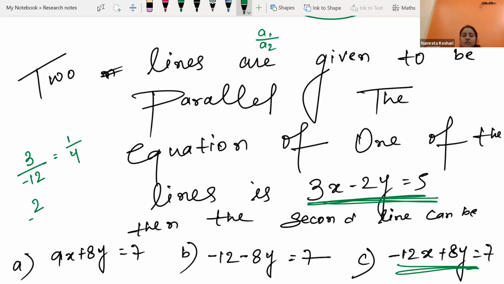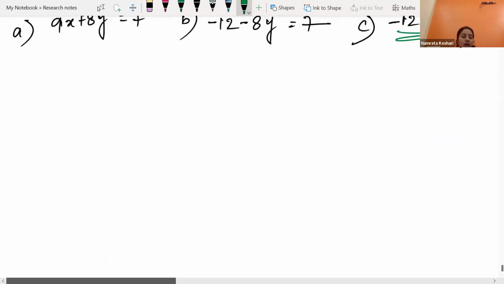C, because in C only we are getting all the ratio as minus. Like A1 by A2, B1 by B2, both are minus 1 by 4 and C1 by C2 is not the same. Right?